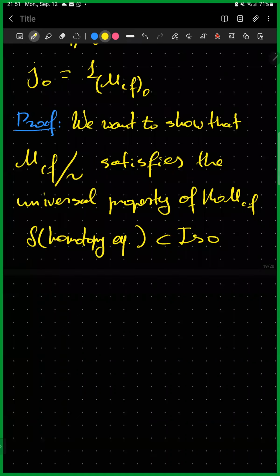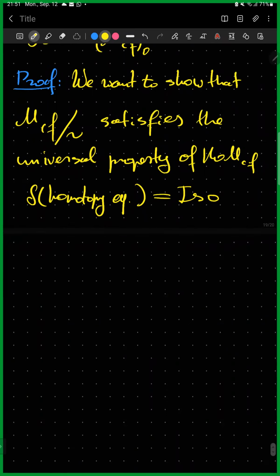Well, actually, they coincide. And by the proposition which we've just proved, delta maps weak equivalences to isomorphisms.